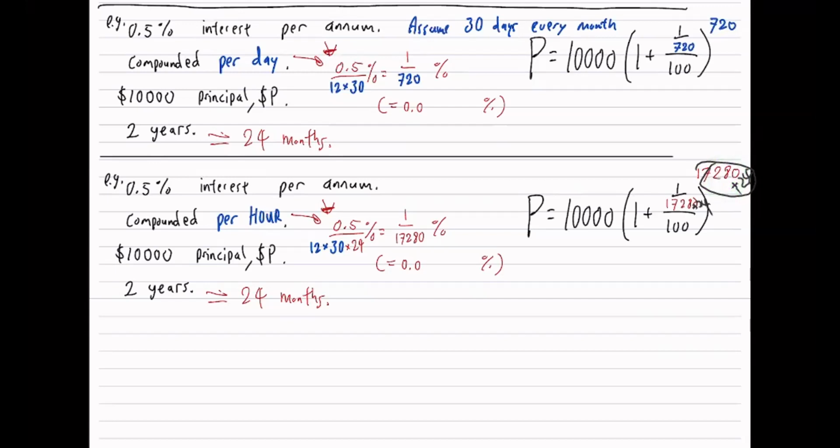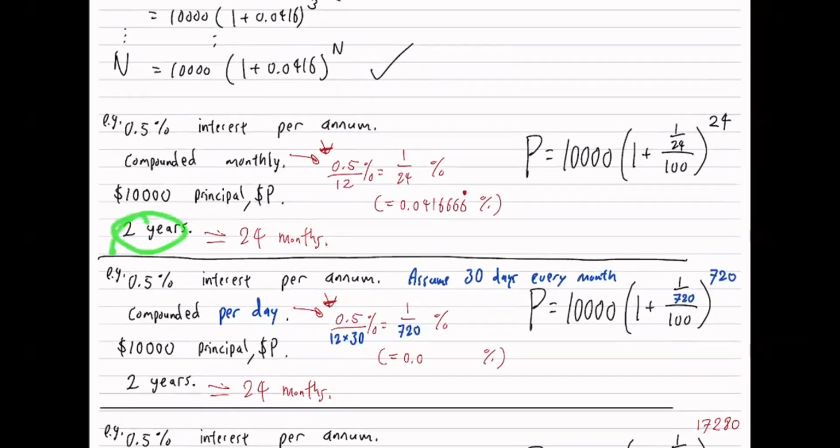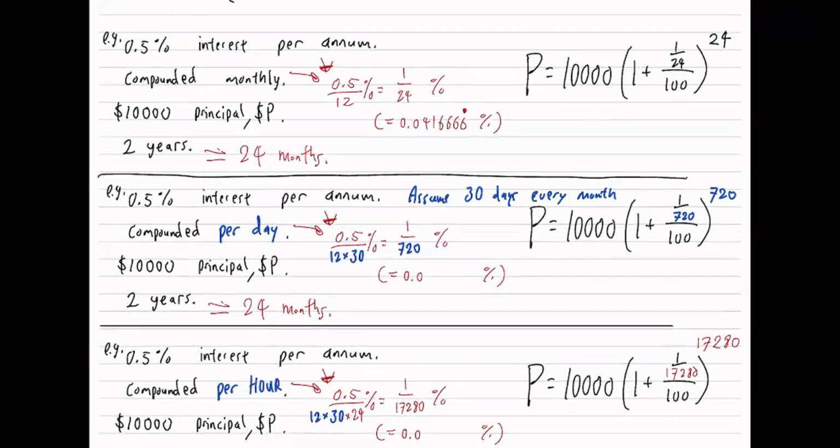Is that correct? Did I calculate wrongly? Here I put 2 years, so that means I have 24 months. Sorry, I forgot to account for the number of years.